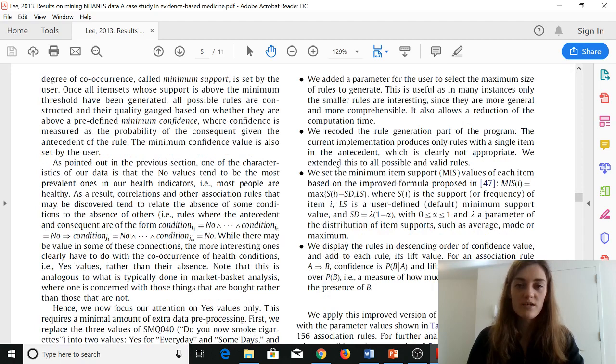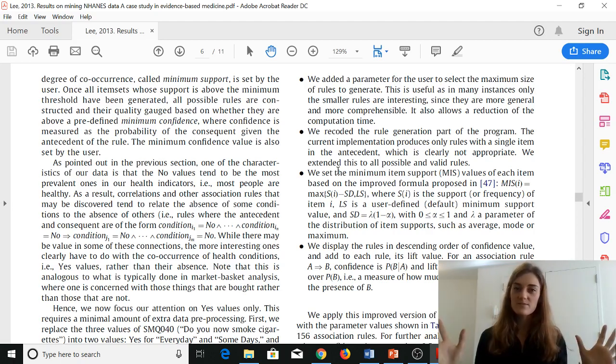And some common metrics for association rule mining. When you think of traditional statistics, traditional epidemiology, you think about the p-value, right? You're looking for statistical significance. But with market basket analysis, our statistical metrics are called support, confidence, and lift. Support is the proportion of responses in which this item set occurred.